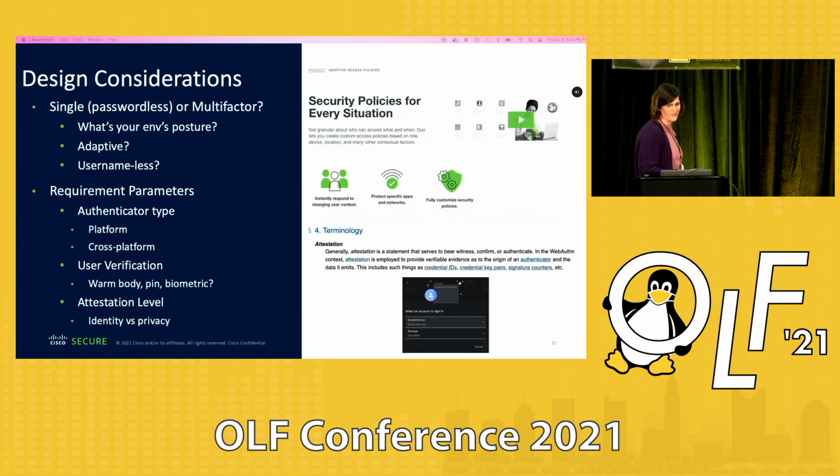So let's talk some design considerations. We really need to talk about the security posture of your environment that you're deploying this to. Is this a system where it's very important that people have multiple factors of authentication? You can include this as part of your multi-factor.